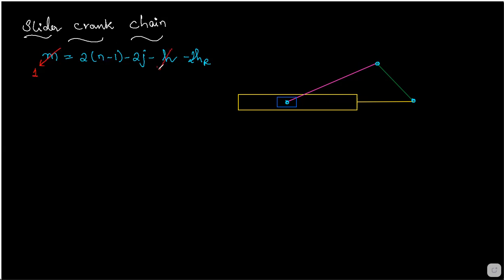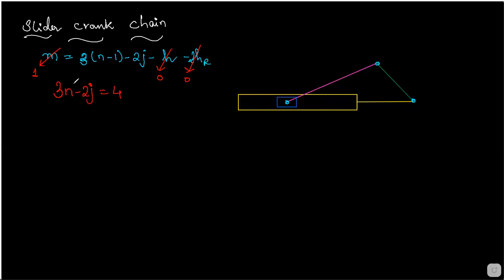And then there are no higher pairs, only lower pairs. Then we will get the equation as, sorry, this is 3, excuse me. So this is 3 into n minus 1. So then we are going to get the mobility as 3n minus 2j minus 4 equal to 0, or 3n minus 2j equal to 4. So this is the equation which we are going to get.